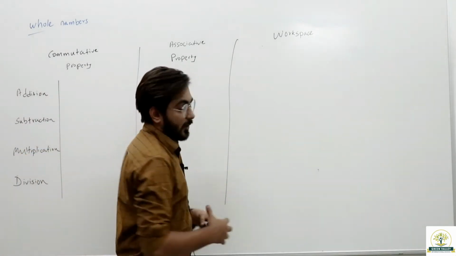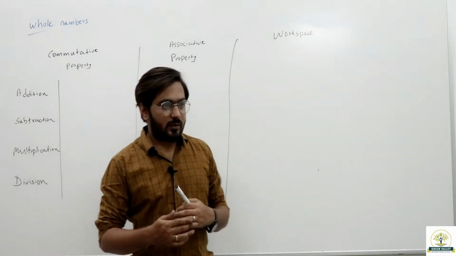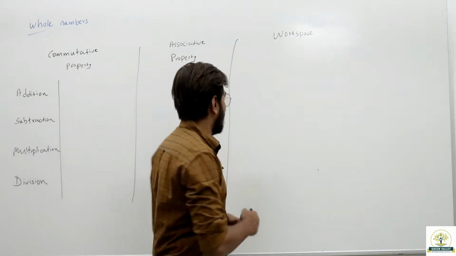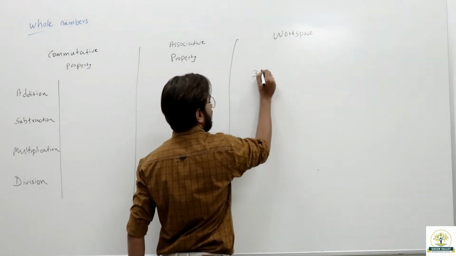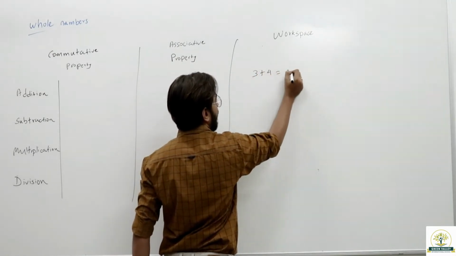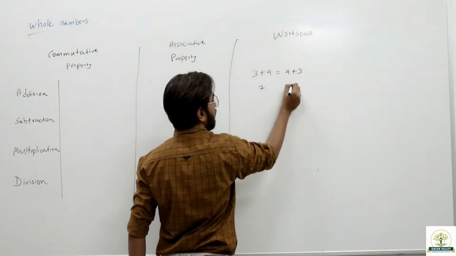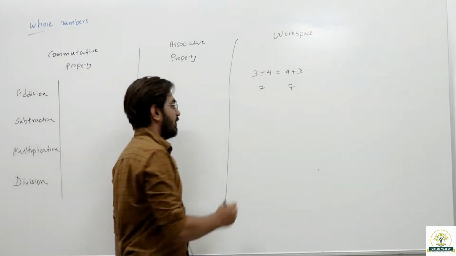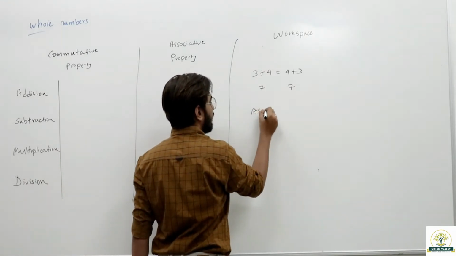What is commutative property? Commutative property is nothing but the order shouldn't matter. That means if I add 3 and 4 or 4 and 3, answer will be 7. That is basically commutative property. And what do you mean by associative property?